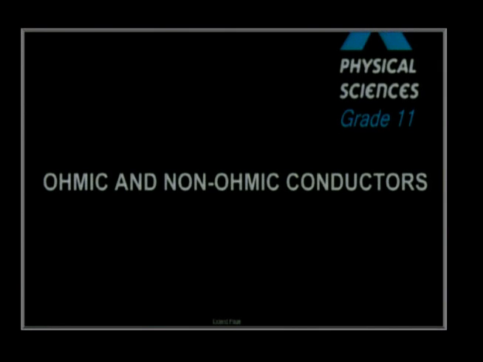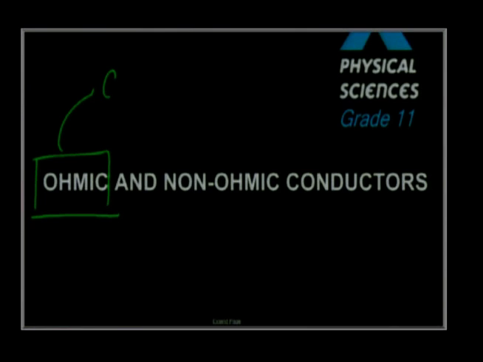Now, an ohmic resistor or an ohmic conductor refers to a conductor or a resistor that ascribes to the Ohm's law that we looked at earlier on. That means if I apply a potential difference to my resistor, the temperature will remain roughly constant.